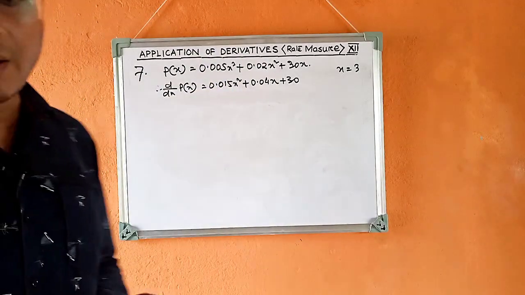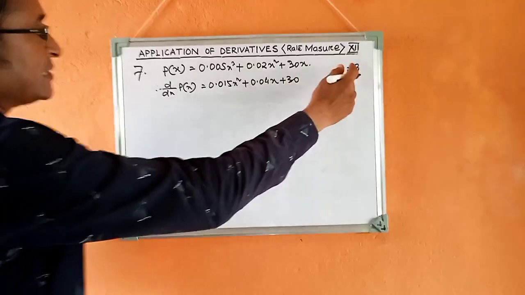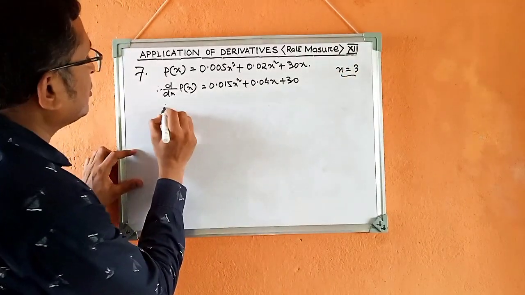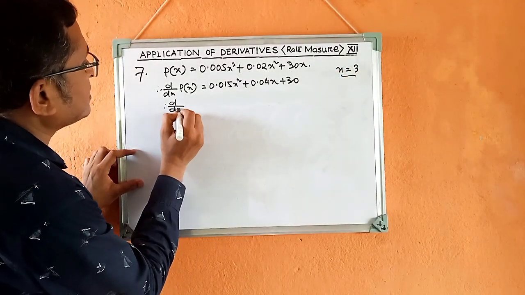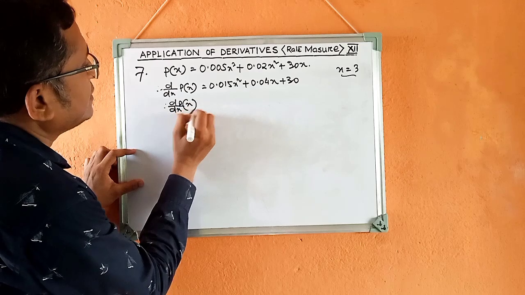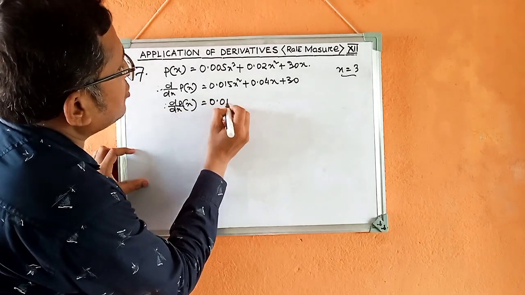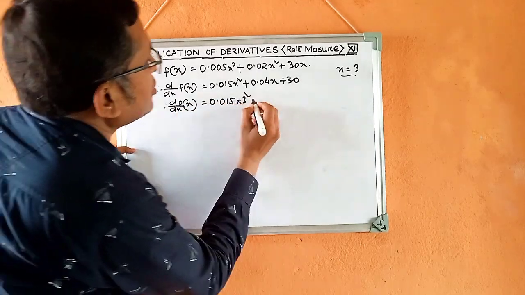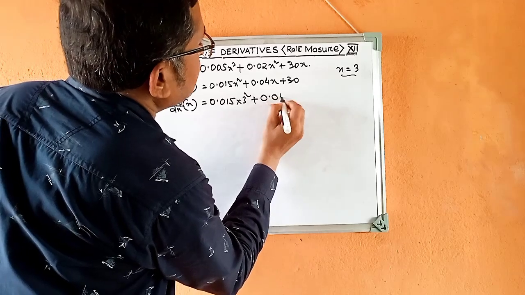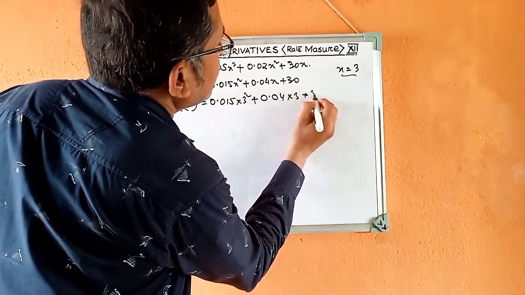Now when x equal to 3, that is given, d by dx of Px equal to 0.015 into 3 whole square plus 0.04 into 3 plus 30.